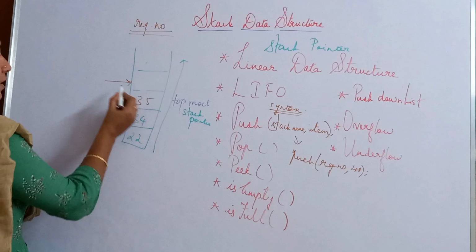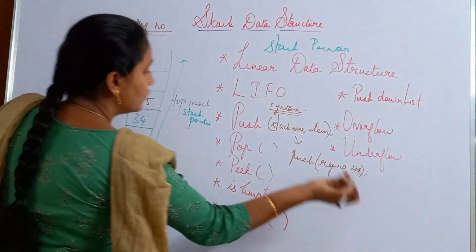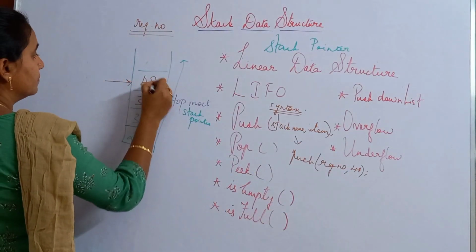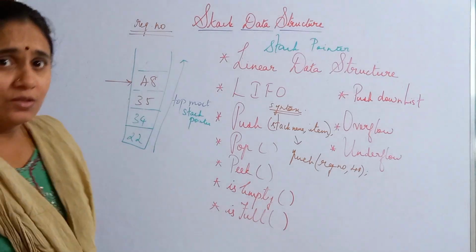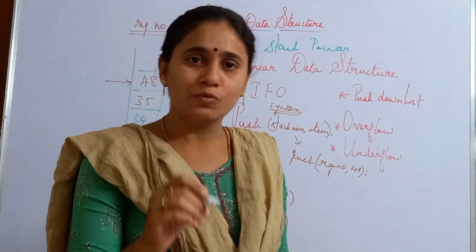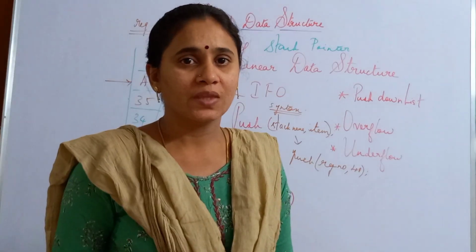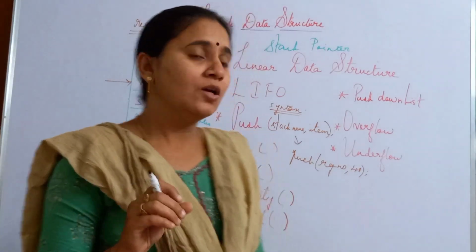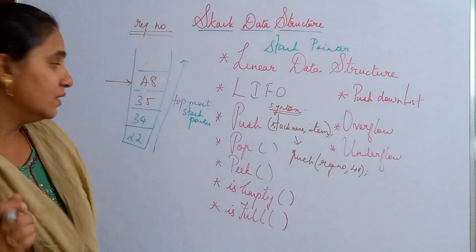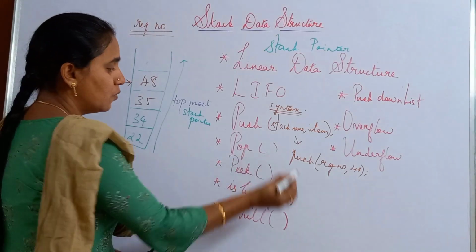After it has been moved, only then will 48 be stored. With the help of the topmost pointer, you store the next element. Clear? Now we will see another operation, called pop.